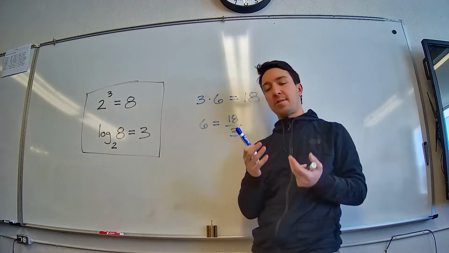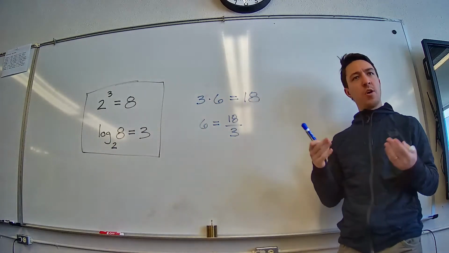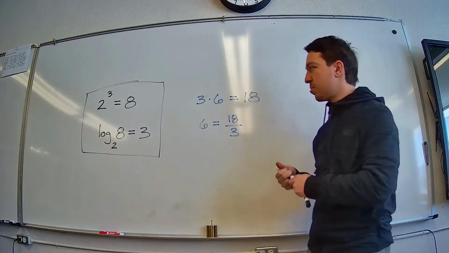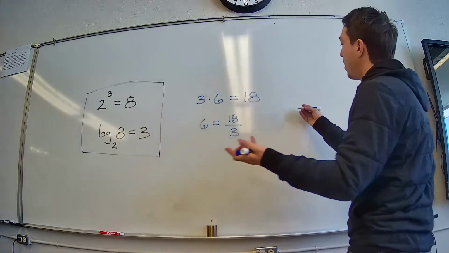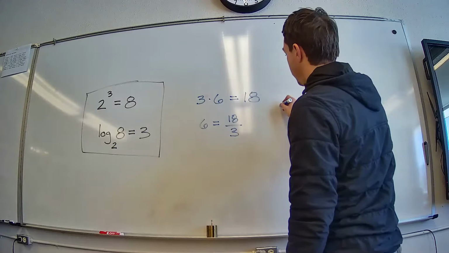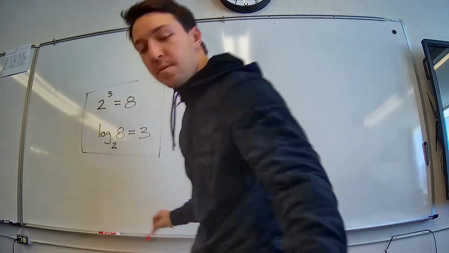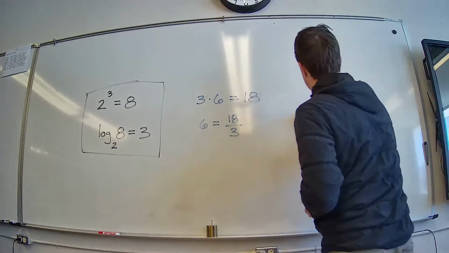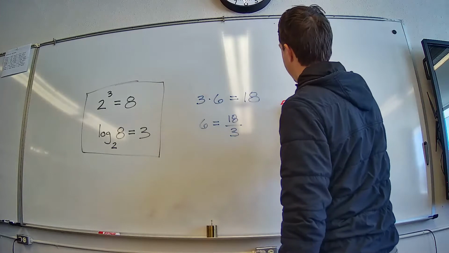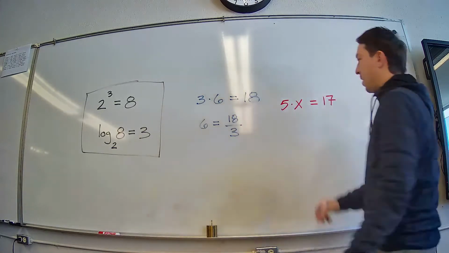So then you might go, okay, I get there's a different way of writing it, but division, we kind of know, why do we bother talking about division? Why invent that operation? Well, it's really nice when you want to say something like, 5 times what number would make 17?